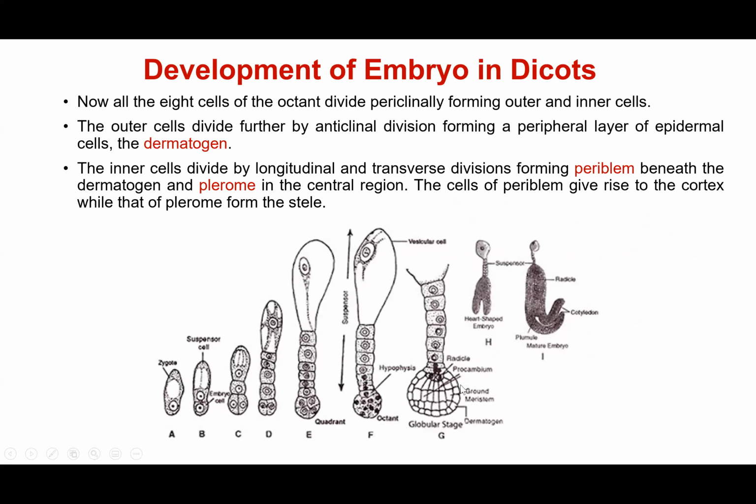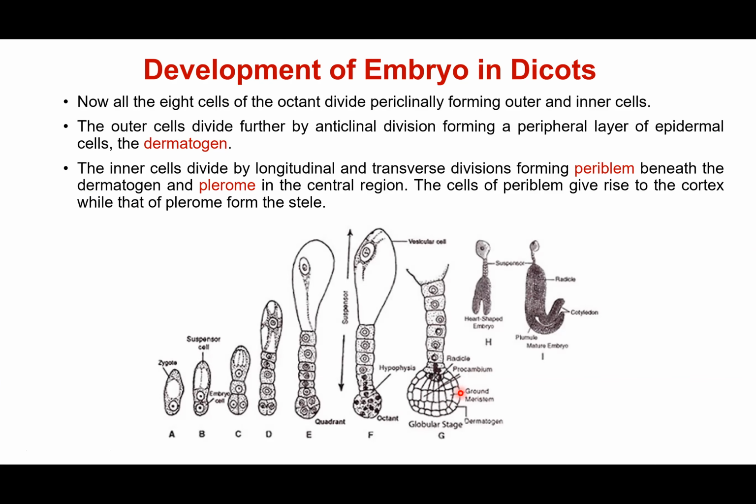All this is happening at the bottom end here. As you can see, the outer layer is termed dermatogen, right? You can see here, this is your dermatogen. And this ground meristem is nothing but your cortex, coming from periblem. And this procambium is your plerome, which is giving rise to stele. So this is what is happening after your octant stage.